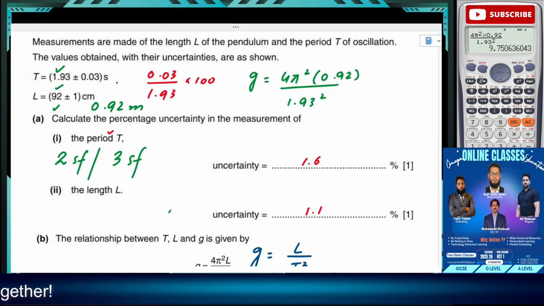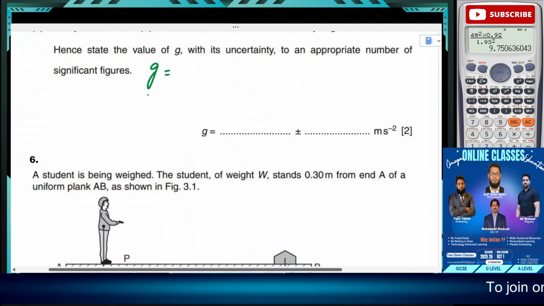So I'm just writing the final answer at this side, 9.75.